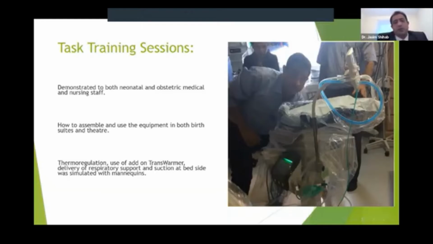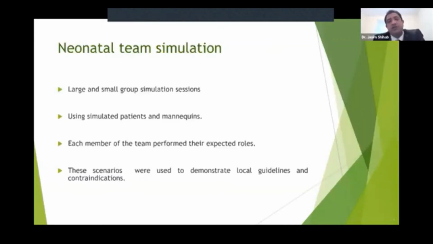So we taught staff in these task training sessions how to use this equipment in both birth suites and the theater, how to use the transformer and the thermoregulation apparatus in the machine, as well as how to deliver respiratory support. And this was with the help of simulated mannequins. Then we moved on to neonatal team simulation.